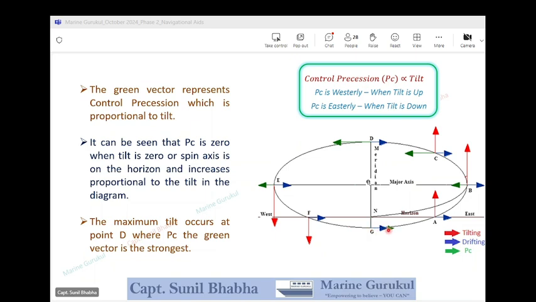You can see the green vector acting here in the eastward direction. Golf is the only point below the horizon in this entire ellipse, and it is the only point where the control precession is acting in the easterly direction.